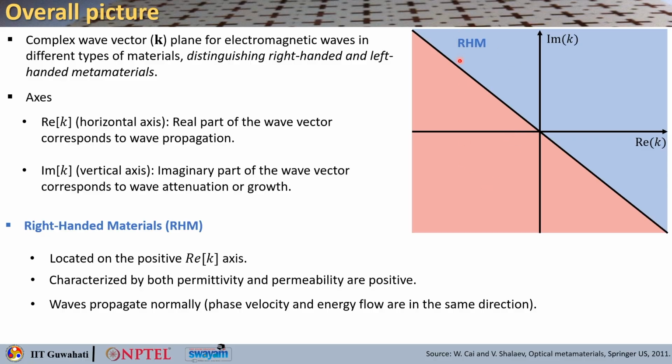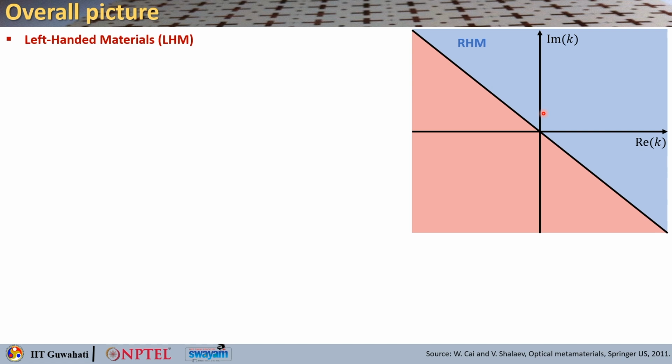Now, we can define right hand material, which is located on the positive real k axis. It is characterized by both permittivity and permeability being positive. Here the wave can propagate normally, that means the phase velocity and the energy flow will be in the same direction. Now comes the other case, that of left hand materials.